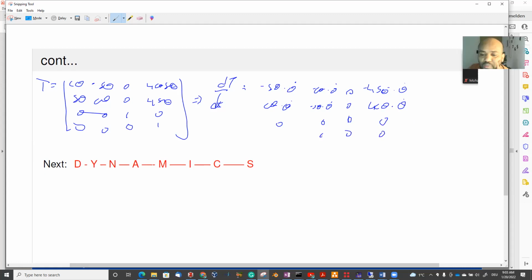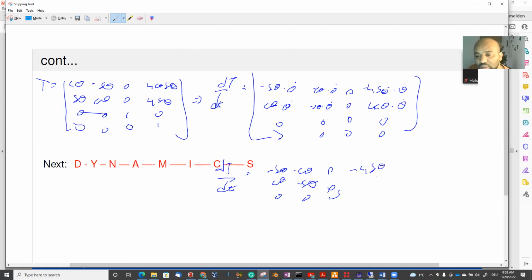So now, just here, we can rewrite this as dT over dt equals minus s theta, c theta, 0, 0; minus c theta, minus s theta, 0, 0; 0, 0, 0, 0; then also minus L1 s theta, L1 c theta, 0, 0, times theta dot.